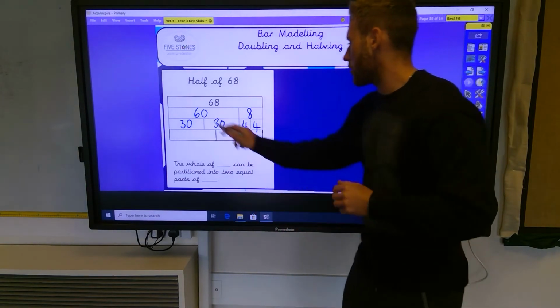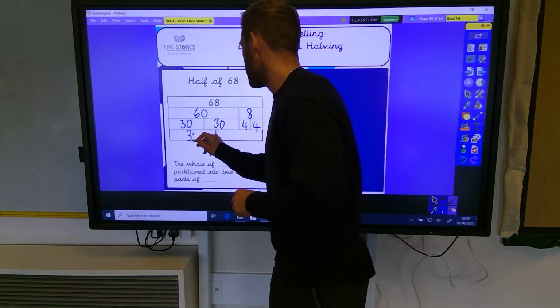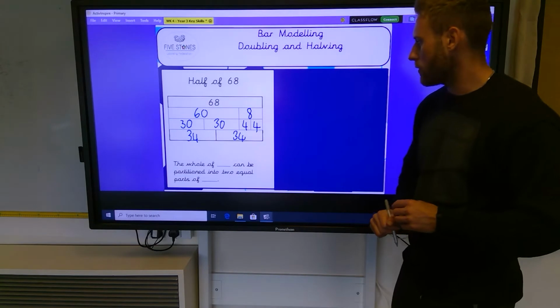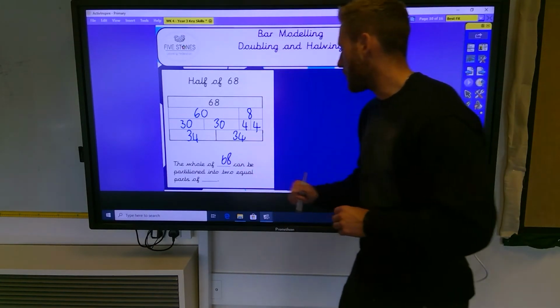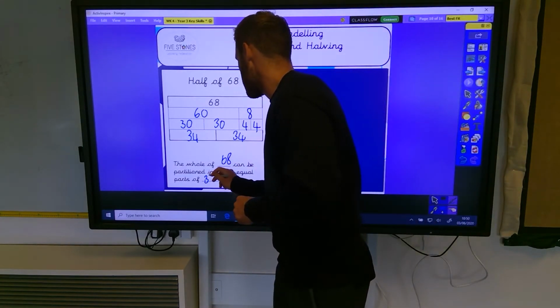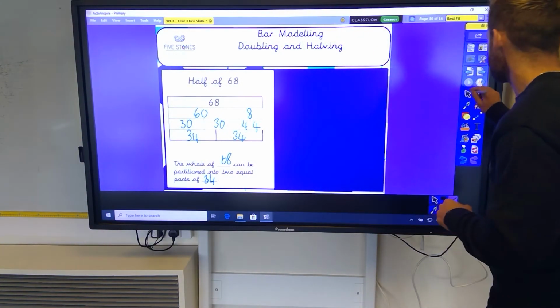There we go. So we've got 30 and 4 and 30 and 4. 30 and 4 is 34. So the whole of 68 can be partitioned into two equal parts of 34. Fantastic for your help.